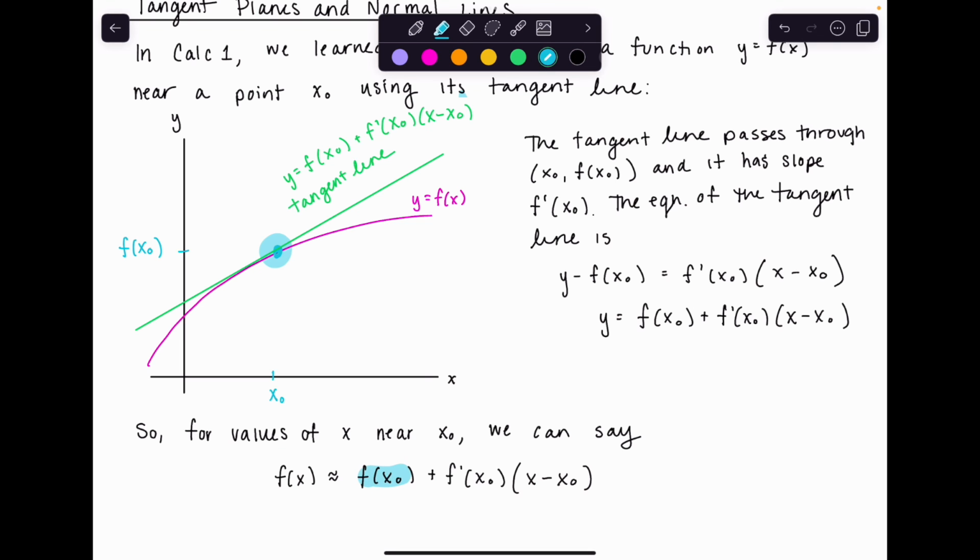Because all of these are constants. So if I want to find cosine of 5, all that would require me to do is plug in 5 for x in that tangent line. Okay. So this was called that linear approximation.